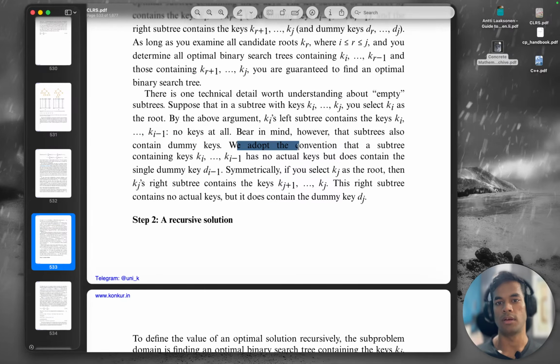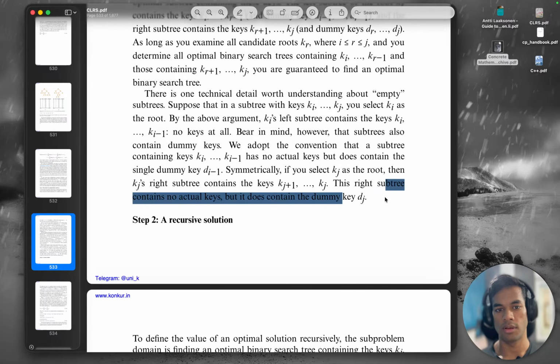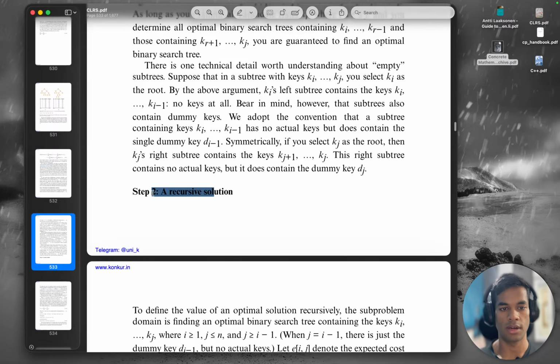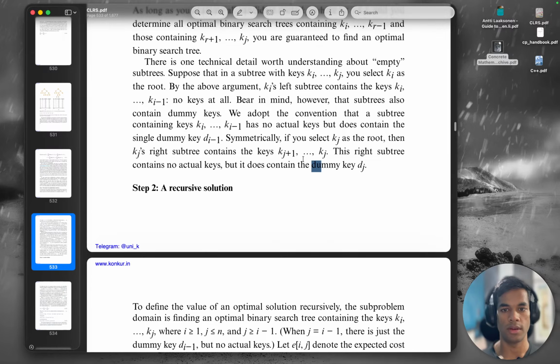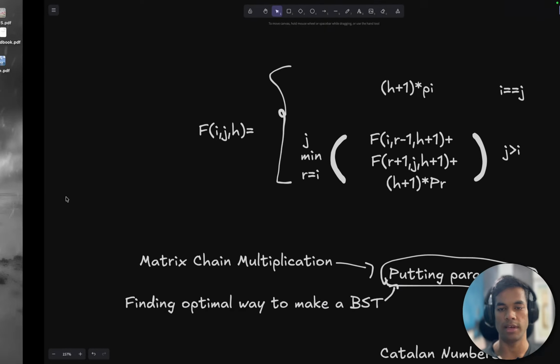We adopt the convention that a subtree containing no actual keys contains the single dummy key di minus 1. Symmetrically, if you select kj, then the dummy that you have is dj. So we have to take care of some edge cases to fix that, when no actual keys are there but only a dummy key is there.